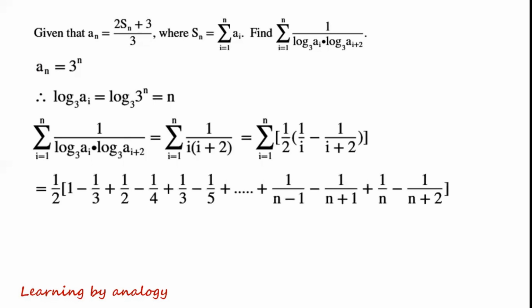which can be written as a half times (1 minus a third plus a half minus a quarter plus a third minus 1 over 5 plus so on plus 1 over n minus 1 minus 1 over n plus 1 plus 1 over n minus 1 over n plus 2).